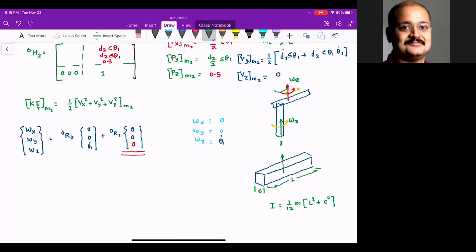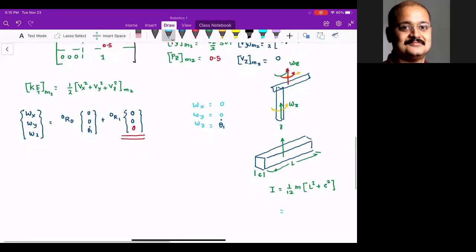But there is another assumption here: if we make an assumption that it is a slender rod, then the value of C is significantly smaller compared to the value of L. Since L is much greater than C, L square is going to be much greater than C square. So with this assumption, this is going to be 1 by 12 m L square.